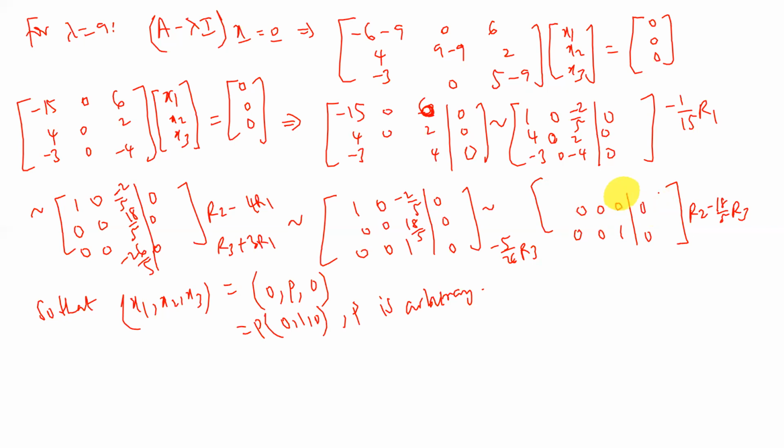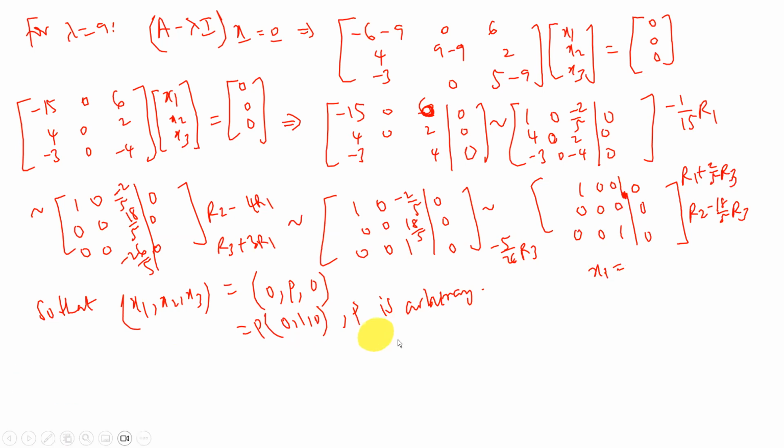And then here we have row 1 plus 2 out of 5, row 3, 0, 0, 0. So we have these. Right, so it's the same conclusion because x1 is 0, x2 is x2, and then x3 is that. So we have that x1 is 0, x2 is that, etc.